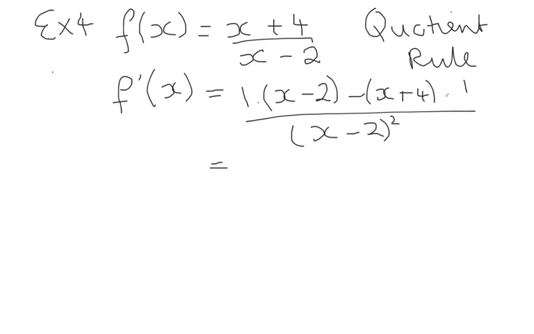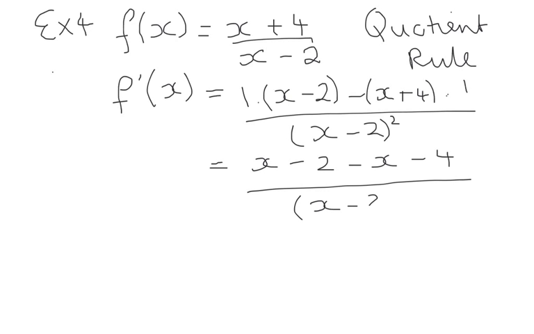Tidy up the numerator: x subtract 2, subtract x, subtract 4 over x subtract 2 all squared. The x's cancel and we have negative 6 divided by x subtract 2 all squared. We'll need this later.